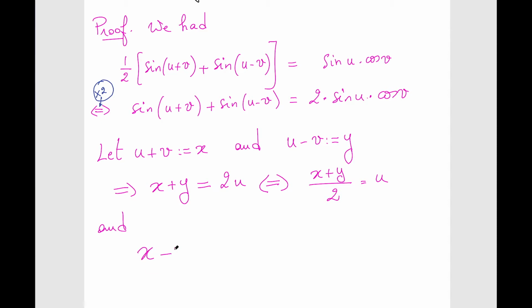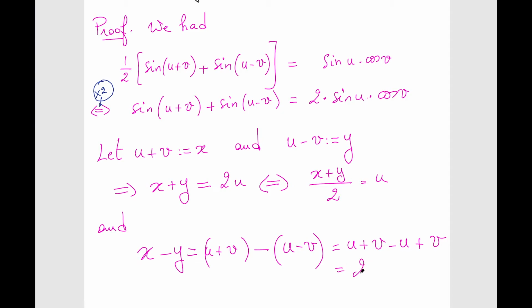And we know that x minus y is how much, with this x and this y? If you take the difference, it's u plus v minus the quantity u minus v. So x minus y becomes u plus v minus u plus v, correct?